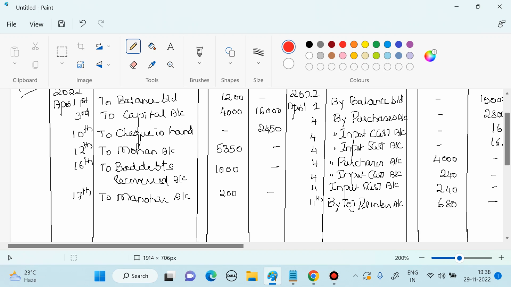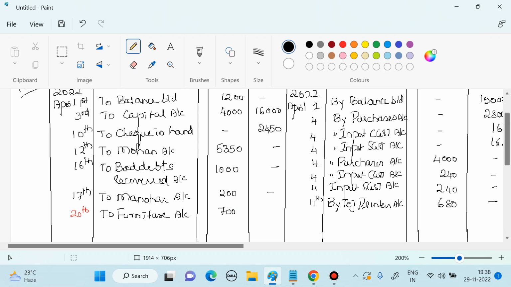In addition to that, there is GST here. GST is going to be collected from the customer. So there is going to be output CGST and output SGST being collected. So on April 20th, we are going to write cash account debit to furniture account. We are reducing the furniture balance by the amount of furniture which is being sold. You are receiving that much money.